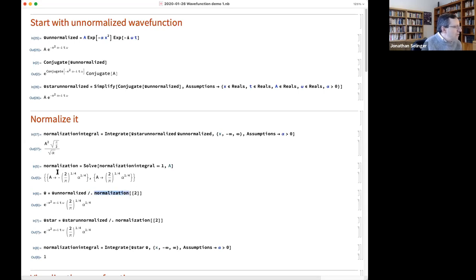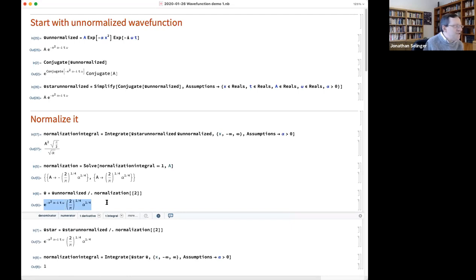And so which of the normalization things should I choose, the positive one or the negative one? Well, it doesn't really matter, but I'll choose the positive one. Okay, so that's the second of the normalization things. That's this 2 on the list. All right, so here is the psi with the normalization substituted in.